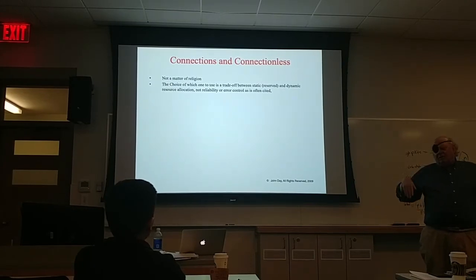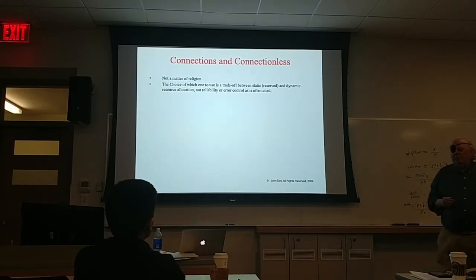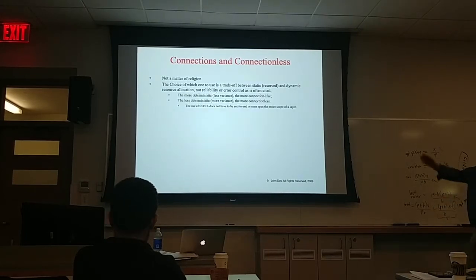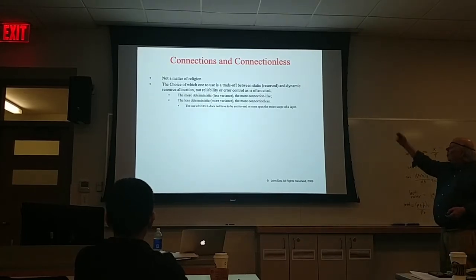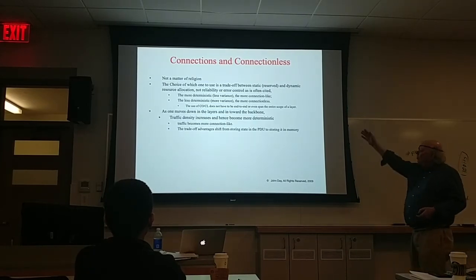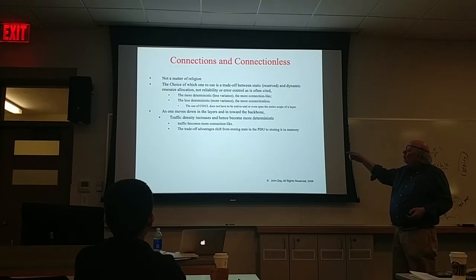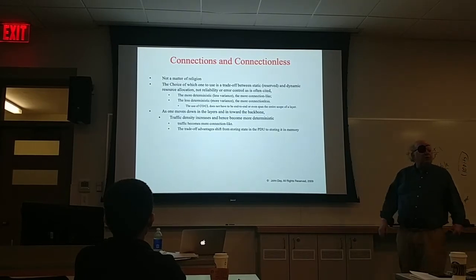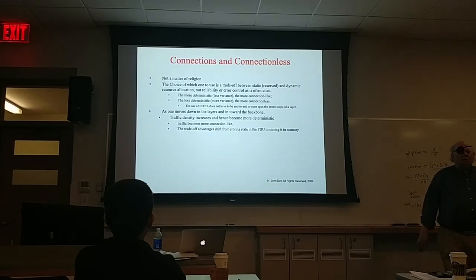Now, if the guy below starts to deteriorate a little bit, then we may add greater functionality and go to connection-oriented. The more deterministic, the more connection-like. The less deterministic, the more connectionless. So as one moves down the layers and into the backbone, we would expect traffic density to increase, and you should become more connection-like.